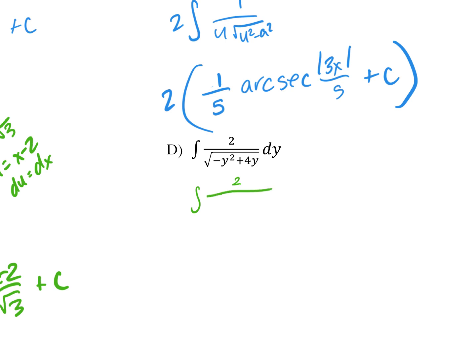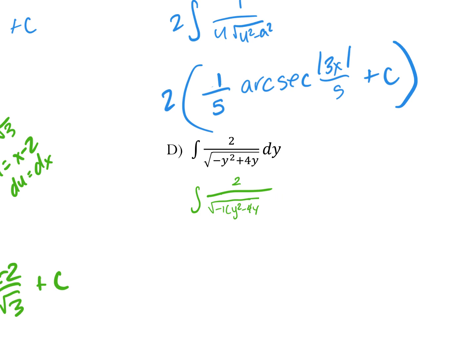For right now, I'm going to pull a -1 and make this y squared minus 4y. Something about this isn't feeling great.